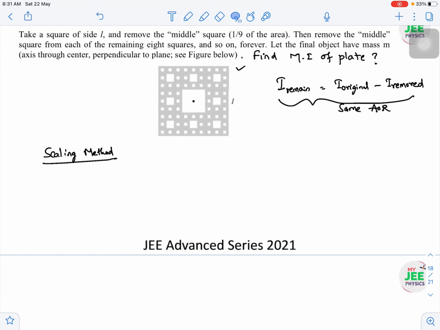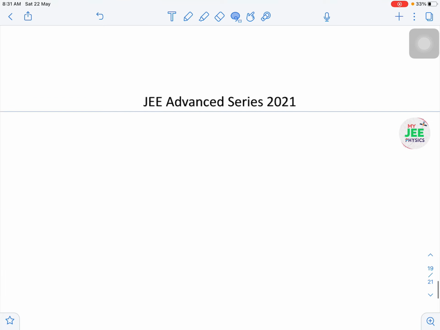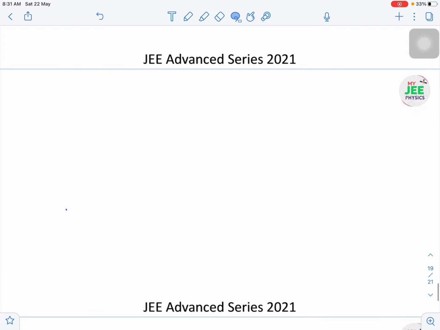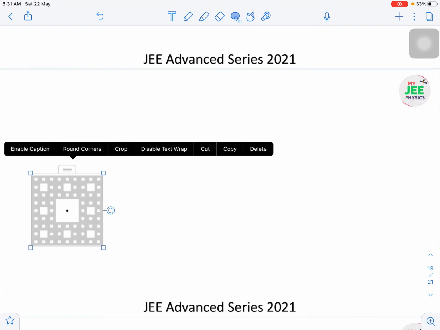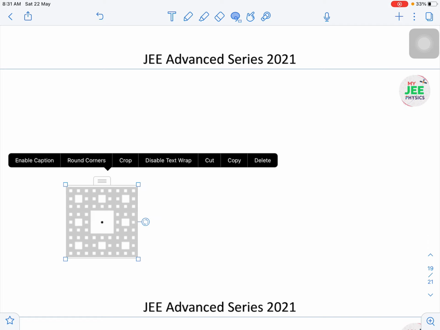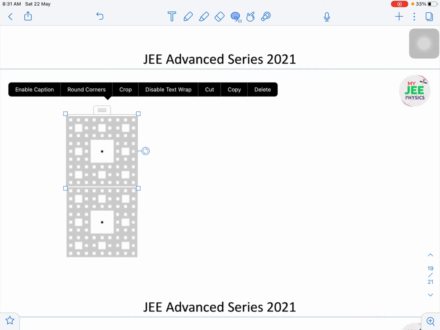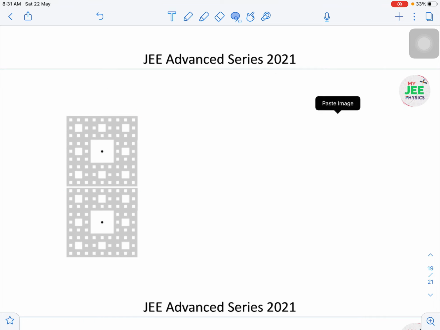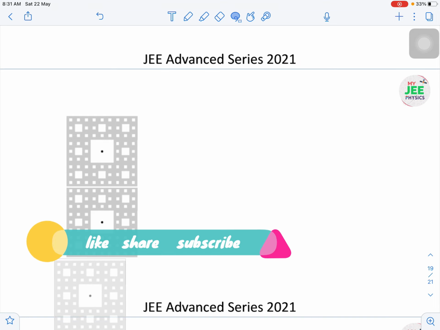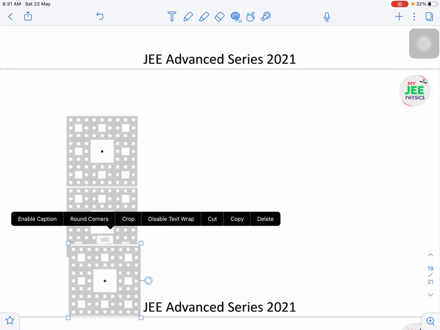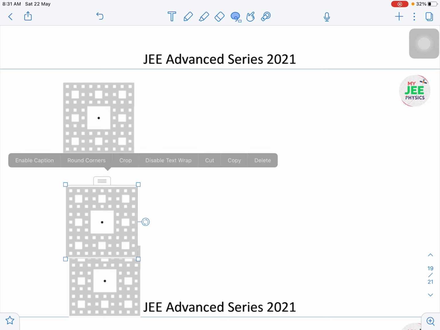First let me take this square. This is the square for which we require the moment of inertia. Then how am I changing this square? I'm keeping one square, and I'm keeping one more square next to this. Similarly I'm keeping different, same squares.